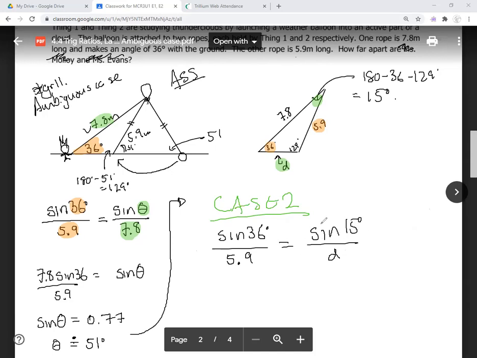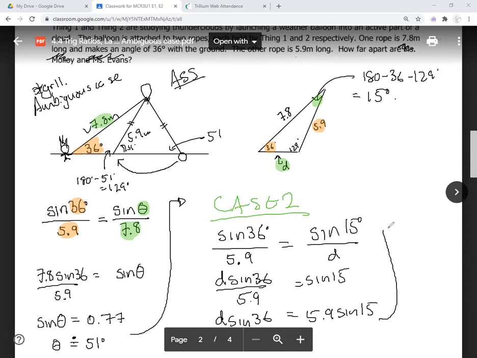And again, I don't like the fraction. Let's multiply both sides by D. D sine 36 over 5.9 equals sine 15. I don't like that fraction because I'm trying to isolate for D. Let's multiply both sides by 5.9. Of course, I never give myself enough space because of that rude little piece on the bottom. D sine 36 equals 5.9 sine 15.